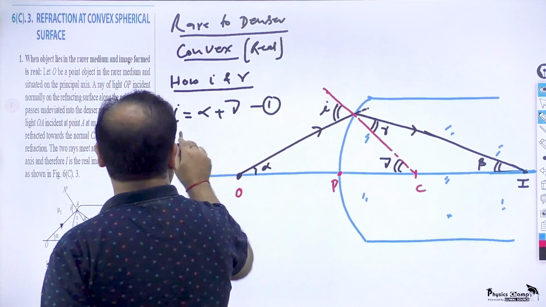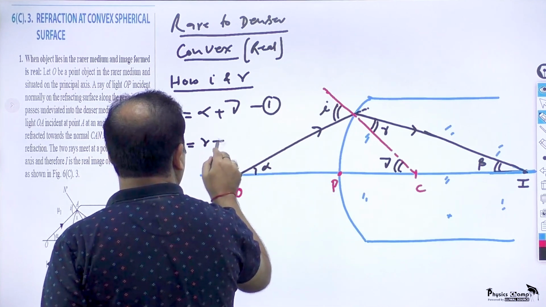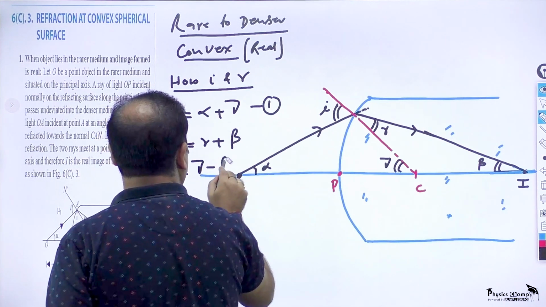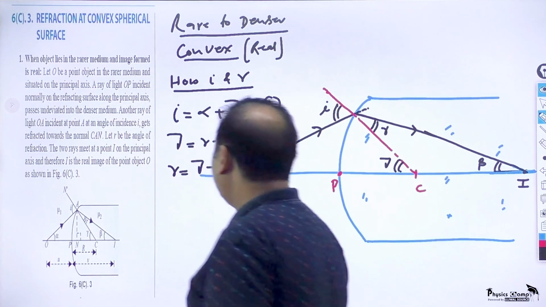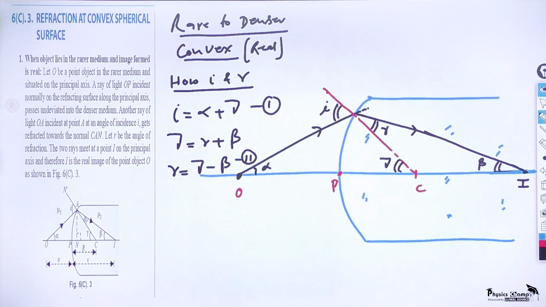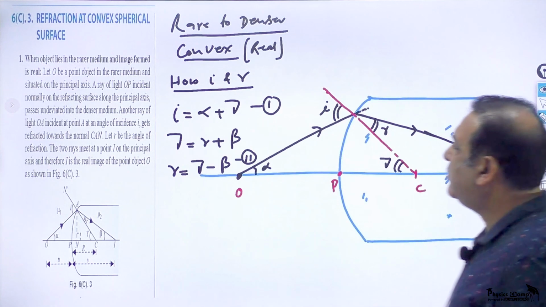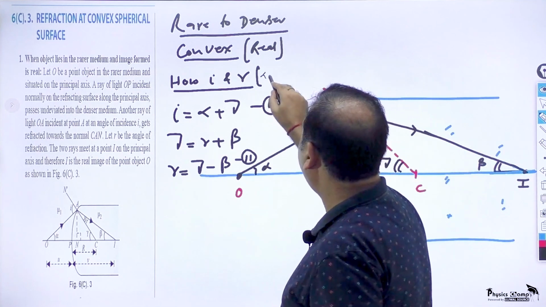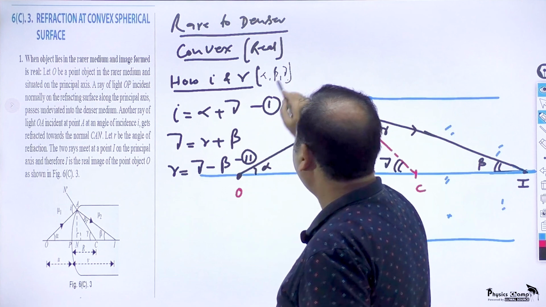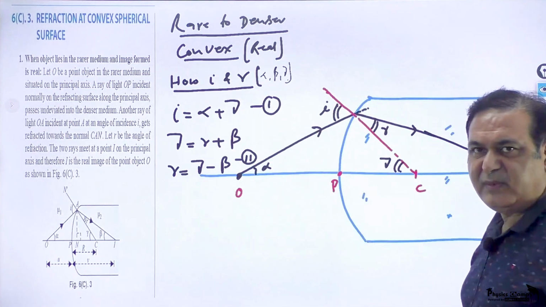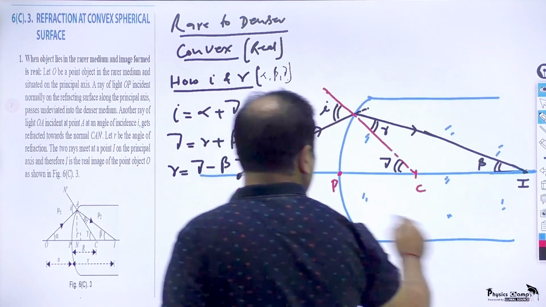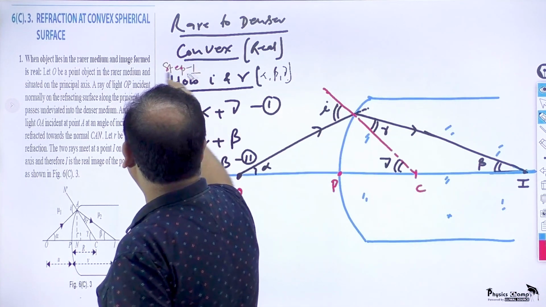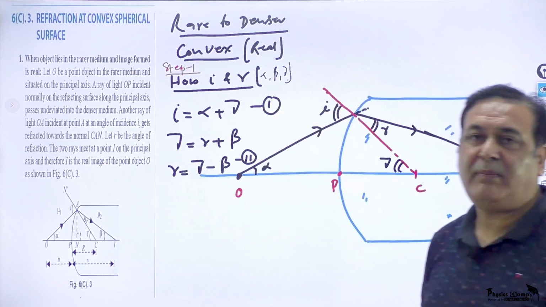So we can say gamma is equal to R plus beta. So R is gamma minus beta. So here we have obtained two relations, I and R in terms of alpha, beta and gamma, the three angles. This is the first step, step 1. Find I and R in terms of alpha, beta and gamma.